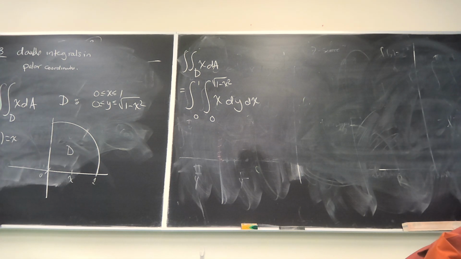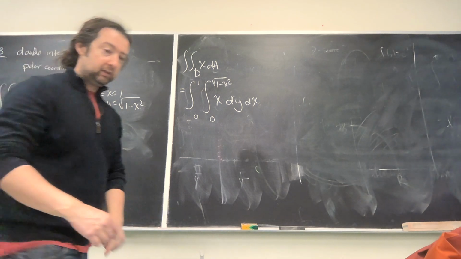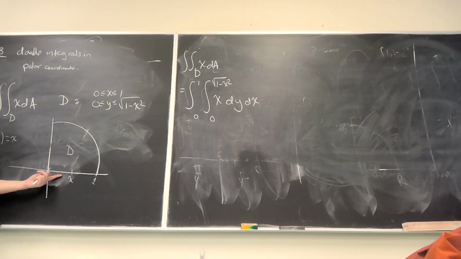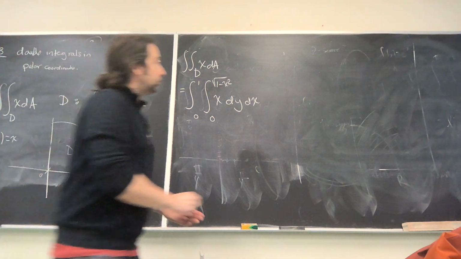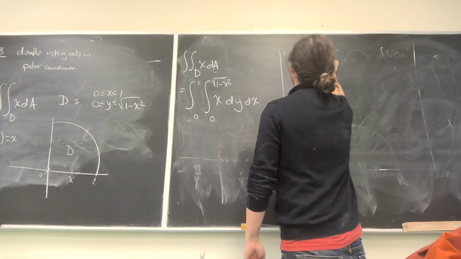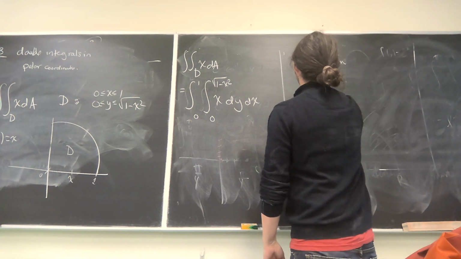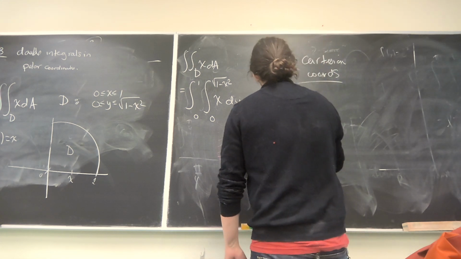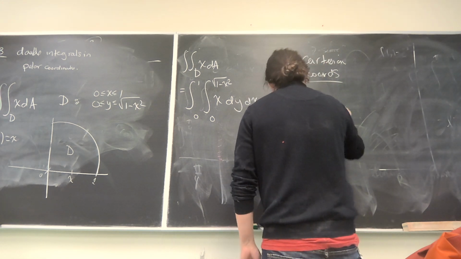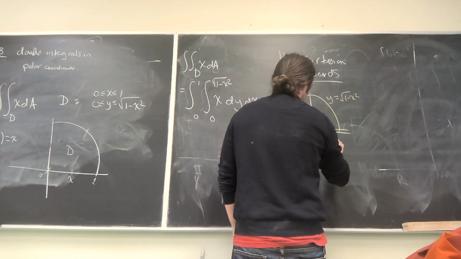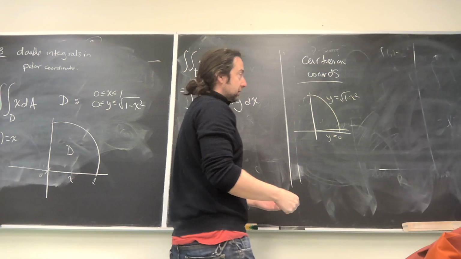So when I look at this region D down here, I think, well, if I describe this in polar coordinates, this would be a rectangle in the sense that all of it would be described by constants. So in Cartesian coordinates, and I recognize this was last quarter, but you're supposed to remember, I suppose, we have the region where y goes from 0 on the bottom to the square root of 1 minus x squared on the top, and x is between 0 and 1.